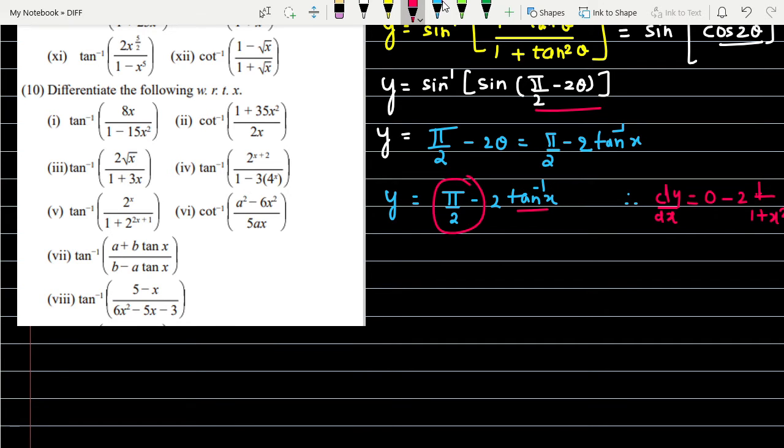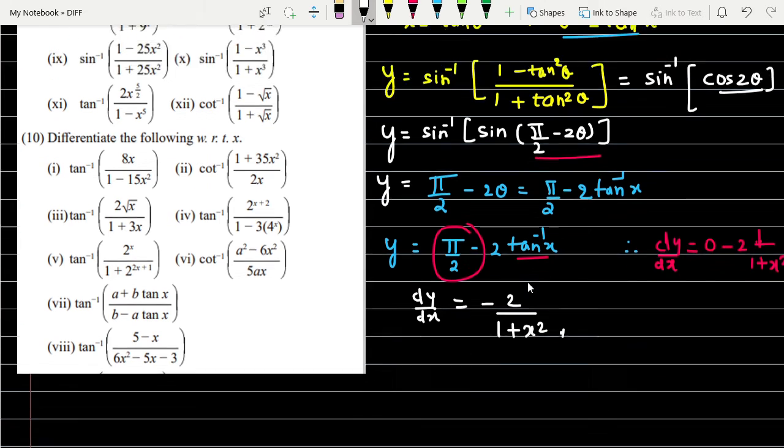So our answer is dy by dx is equal to minus 2 upon (1 plus x square). Done. Next question.